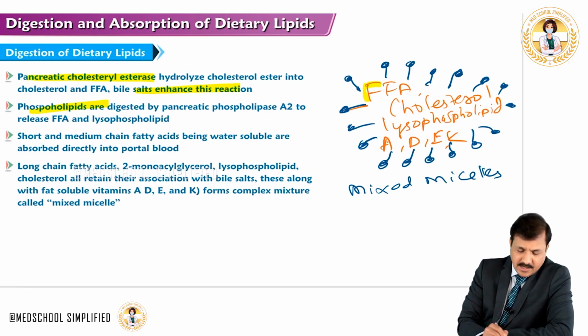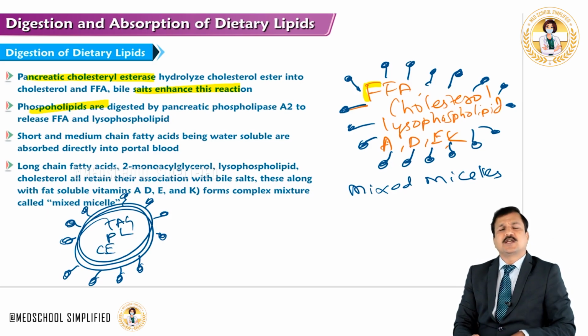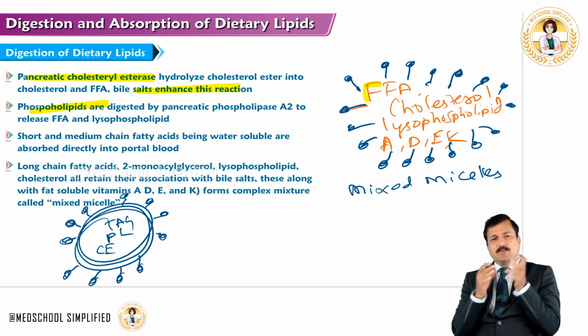So what are micelles? Micelles, as we have seen earlier, in the initial stages of lipid digestion and absorption, bile acids and bile salts are coating dietary lipids which contain diacylglycerols, phospholipid, cholesterol ester. These are all undigested lipid molecules, very complex.